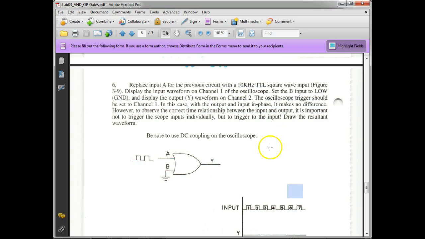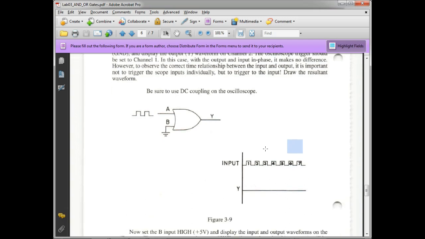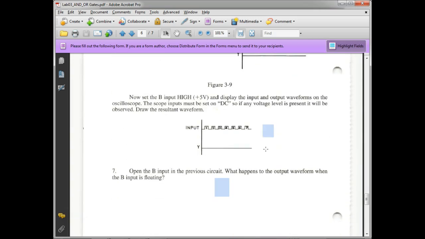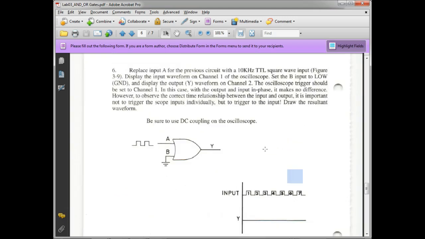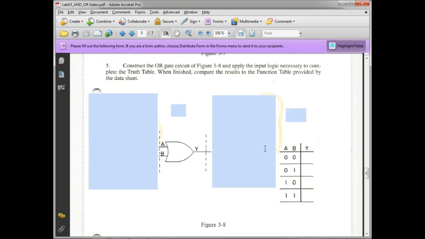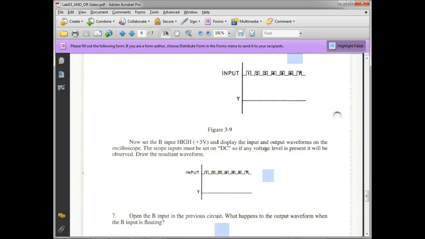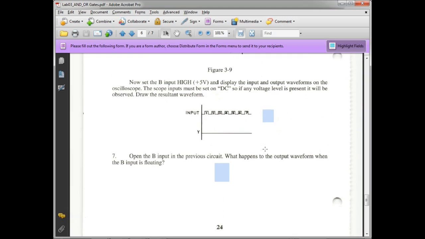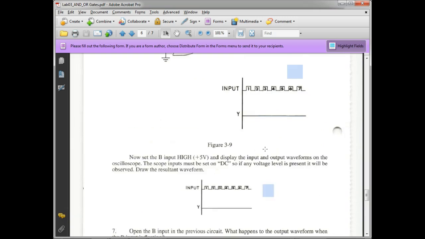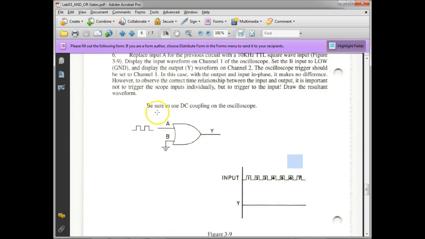is on the clock, on whichever OR gate you choose. Now we'll look a little bit at this is a TTL gate.